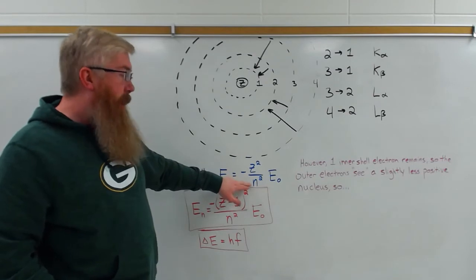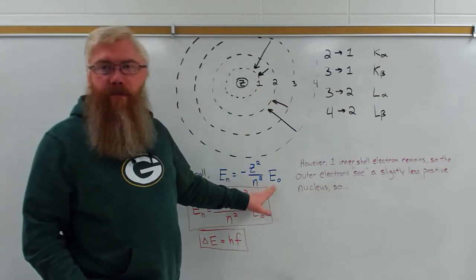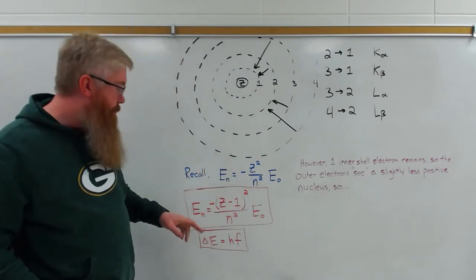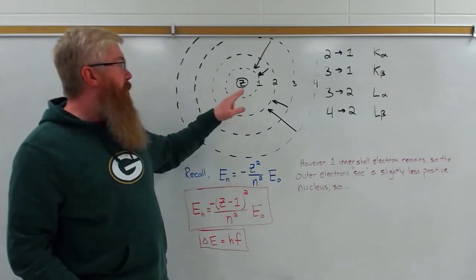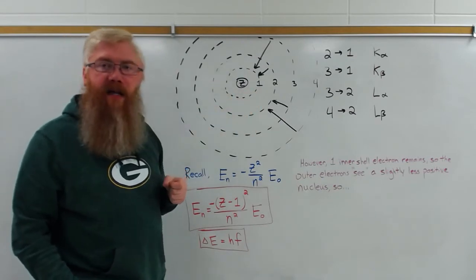Over n squared, where n could be 1, 2, 3, 4, and so on, times some ground energy, some base energy, when n is equal to 1. The stronger the number of protons, the more the attraction is felt between the electrons as they fall down.